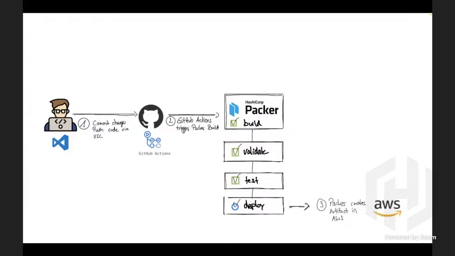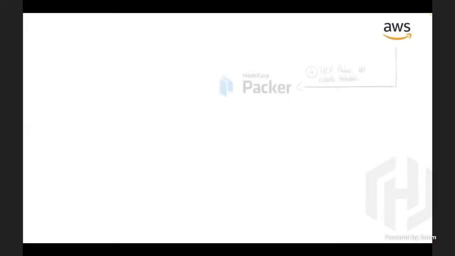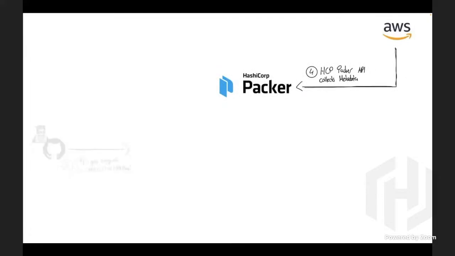When Packer has done that, Packer will create an artifact in AWS, and HCP Packer will go out and collect all the metadata through the API. My second workflow is where I trigger a deployment run in Terraform Cloud. You can do that via API or CLI, of course. In my case, it's a version control system based workflow.